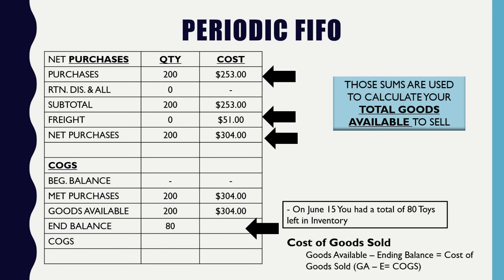Now, in this scenario, I did mention that on June 15th, you had a total of 80 toys left in inventory. Okay? So that's telling you that someone went down to the basement, the warehouse, whatever it is, and took a physical count of how many items you actually have left in inventory.